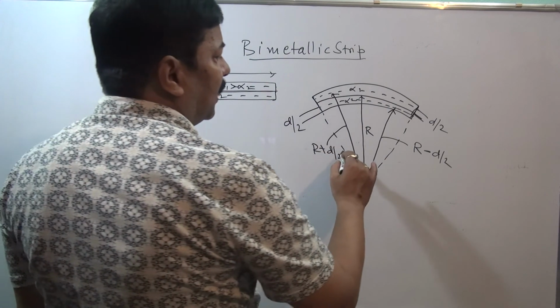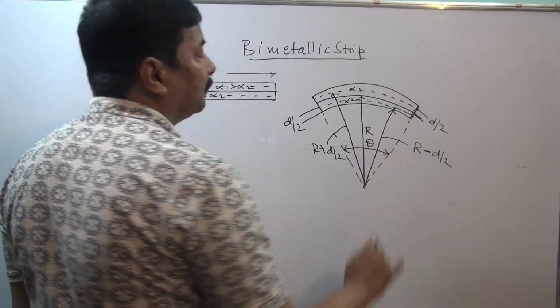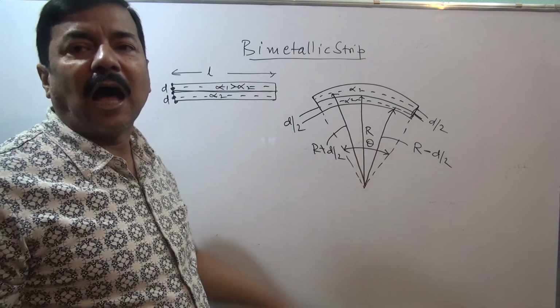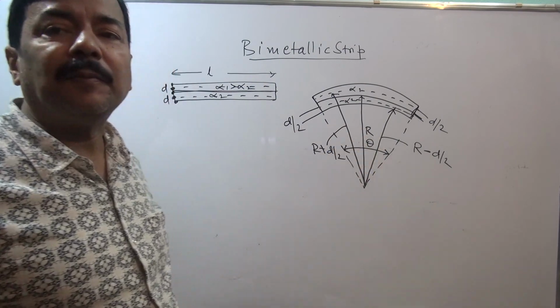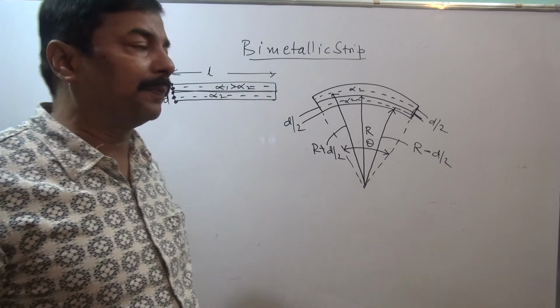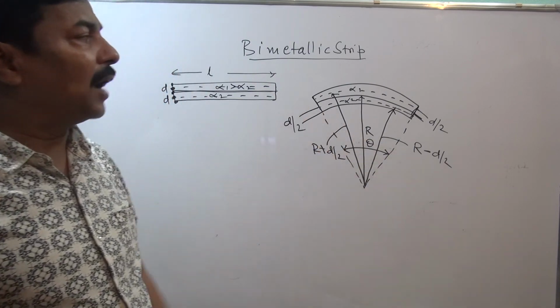And if we consider this angle as theta, then I want an expression for this radius r, because it will reveal many hidden facts about this bimetallic strip. So try to understand what will be the value of r.